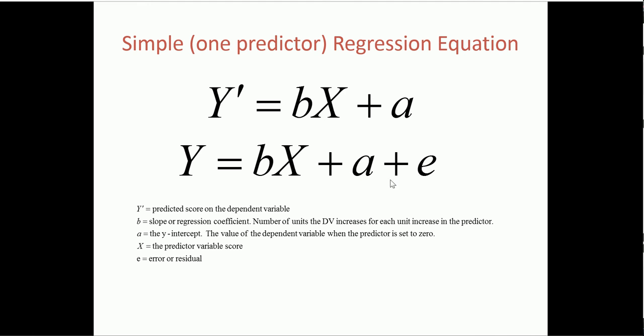So each individual score is going to likely have some error involved. It would be extraordinarily unusual, maybe even impossible, with real data anyway, for the regression equation to have no error in prediction of the outcome. That's why we add, symbolically anyway, the error component to the equation.